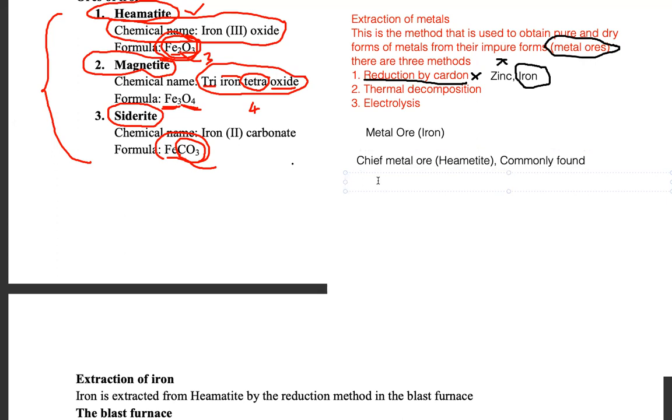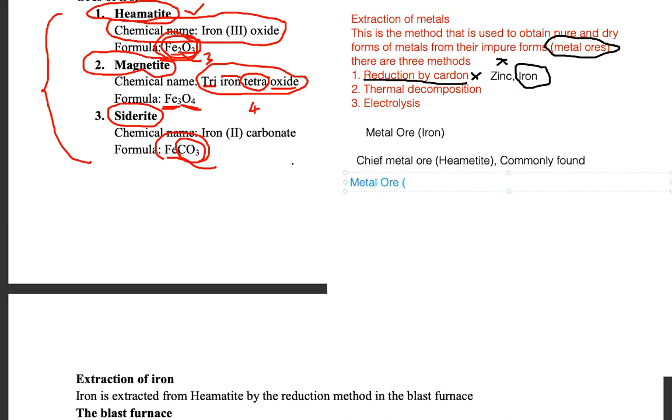And during our extraction, what are the things that we need? The things that we need is the metal ore itself. The metal ore must be there because that is where we need to extract our iron.